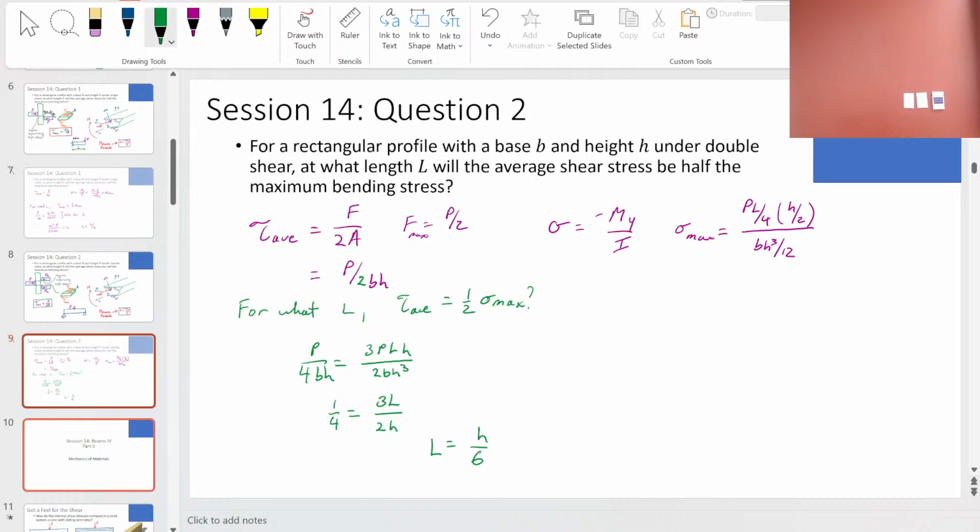We have to consider not only where it distributes, but height. So we divide by two. So I can fix it. Thank you. I knew that in the end, I think it comes out right, but yes, thank you.